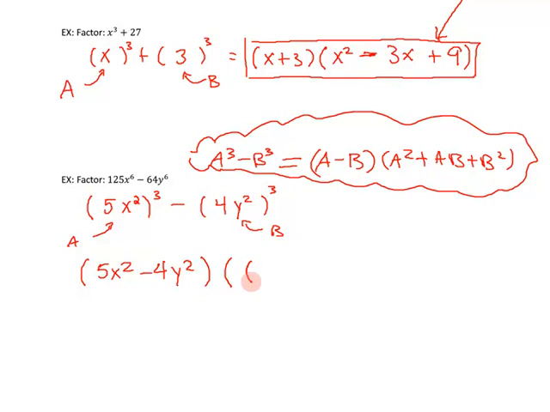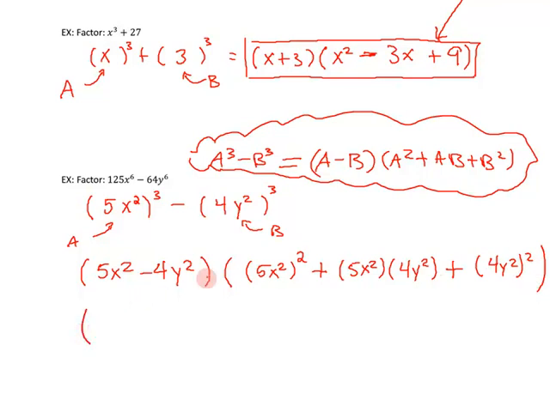Okay, a squared, now I'm going to do this in two steps. A squared would mean take all of a, which is 5x squared, and square it. Plus a times b would be 5x squared for a and 4y squared for b. And then plus the b squared, which is 4y squared quantity squared.